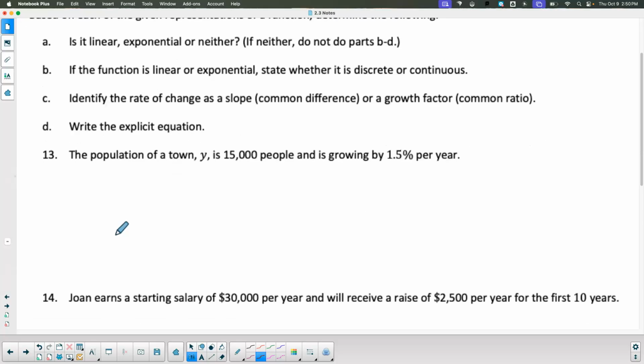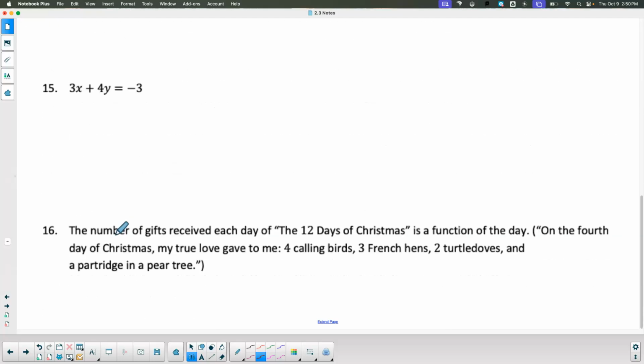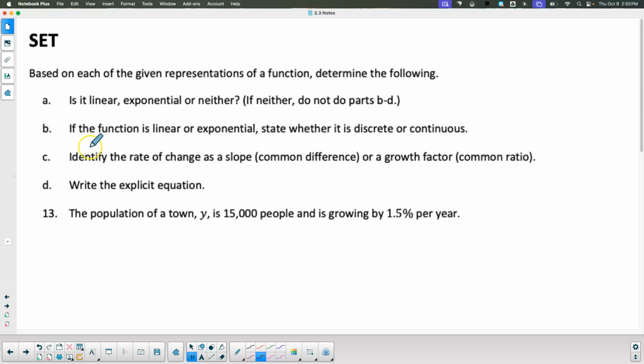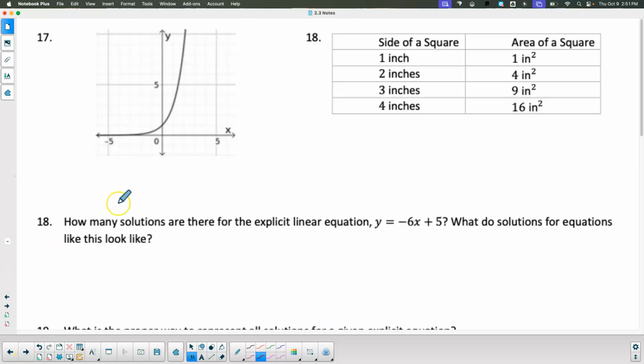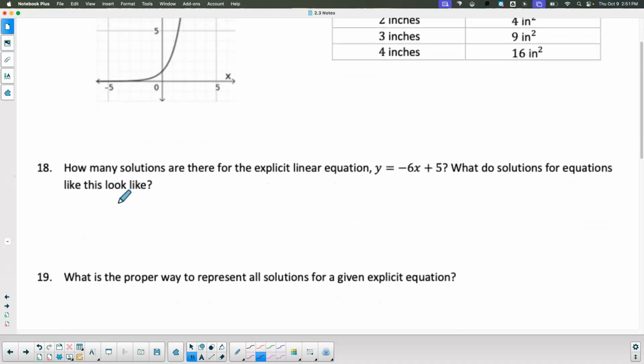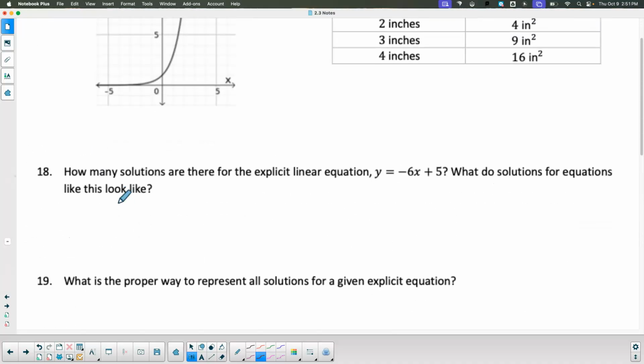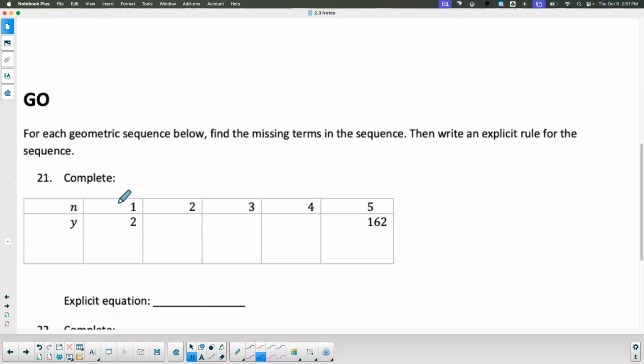Then in numbers 13, 14, 15, and 16, it's asking you to answer these 4 questions for each of those problems. So there's 4 questions that you have to answer for each of 13, 14, 15, and 16, 17, and 18. There's 2 18s, actually through number 19.